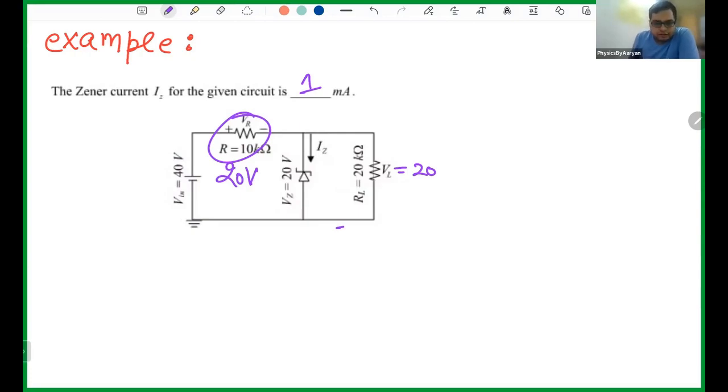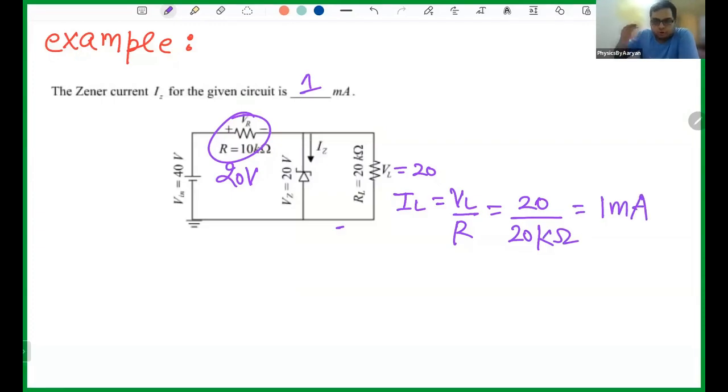Now I can find the current through the load. IL can be found as VL by RL. VL is 20, and this resistance is 20 kilo ohm. So 20 by 20 kilo gives 1 milliampere. So the current through the load is 1 milliampere.